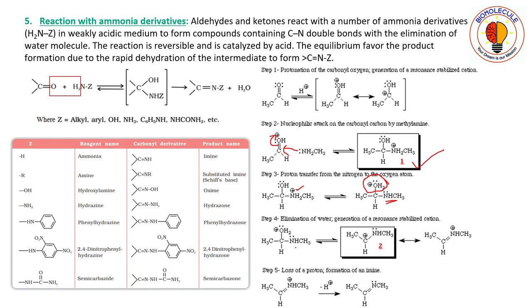Moreover, this nitrogen also has one hydrogen atom. So what it will do is it will leave, and this will go as a water molecule. Or if you want to visualize, you see here this water molecule leaves.